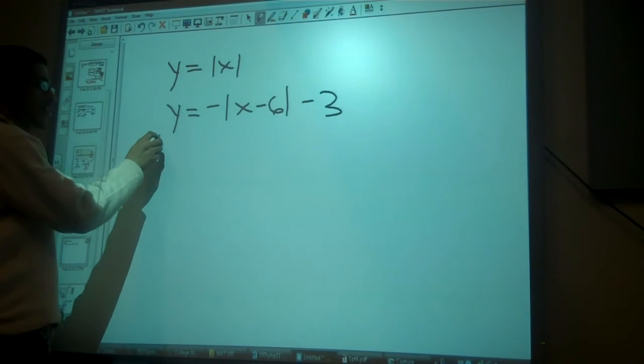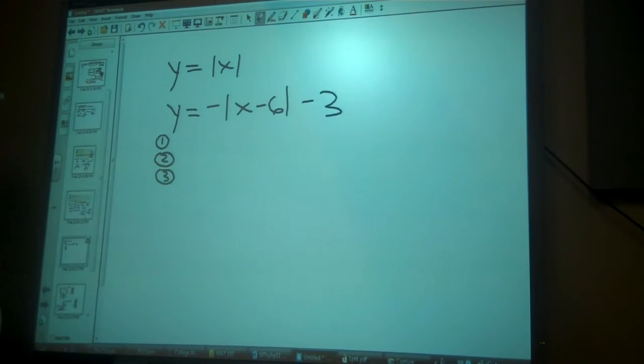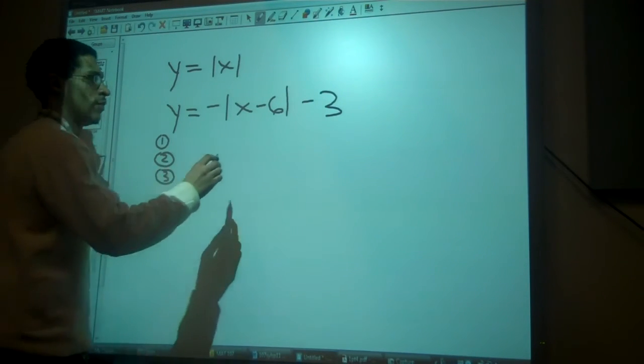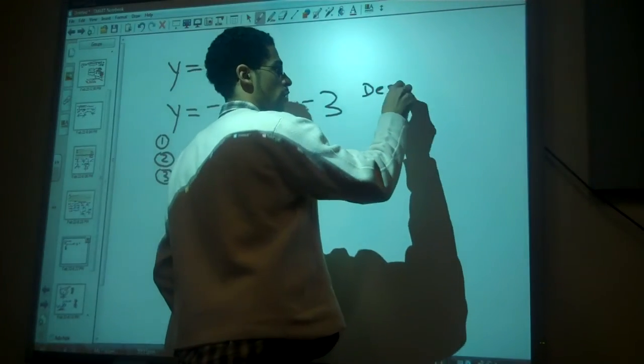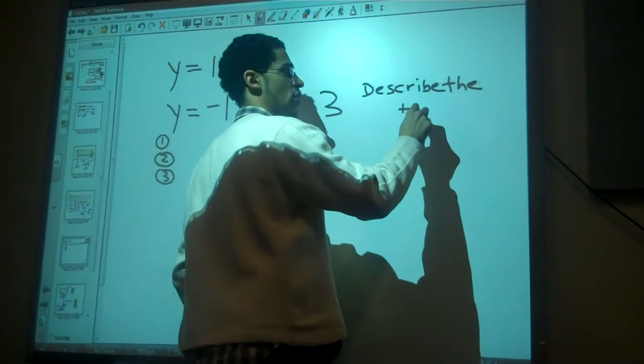We're going to list what things are being done to it, and then we're going to draw the graph. So describe the transformation. Would be what the question says.